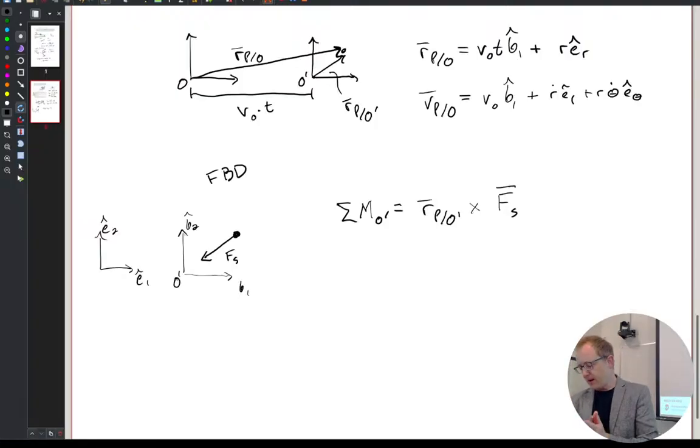But before we move on to the next part, where we figure out what angular momentum is, I want to know what is the sum of the moments around that moving frame, the O prime frame. So we have a force of the spring around this O prime point. How much torque does that spring create around O prime?